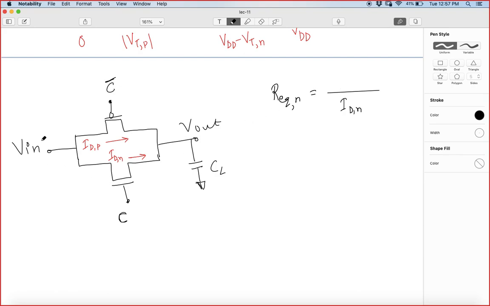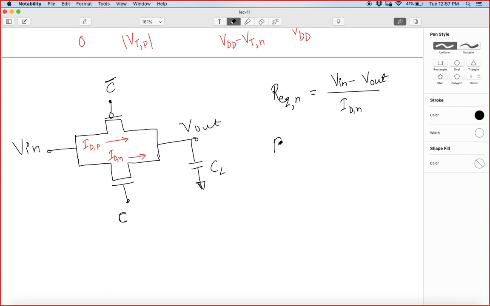Suppose I am applying a potential VDD. Or let's generalize it: the potential difference will be Vin minus Vout. This is the potential difference between the input and the output, and the current flowing through it.